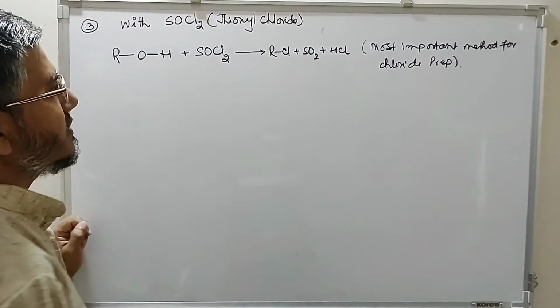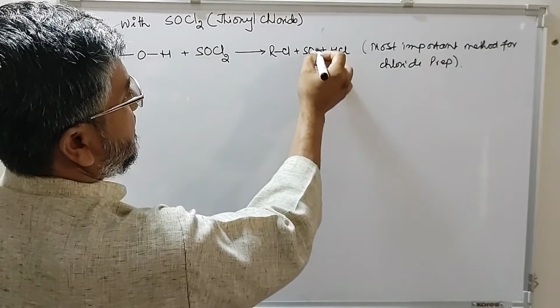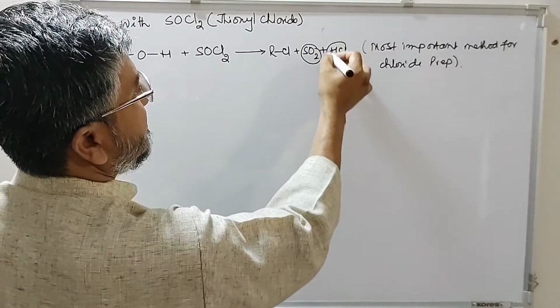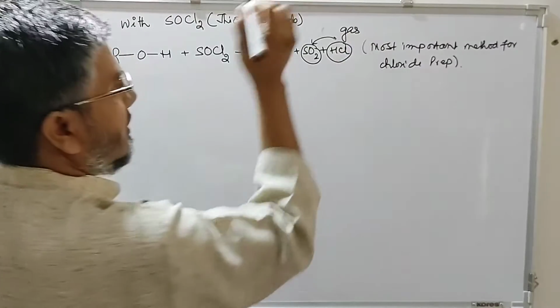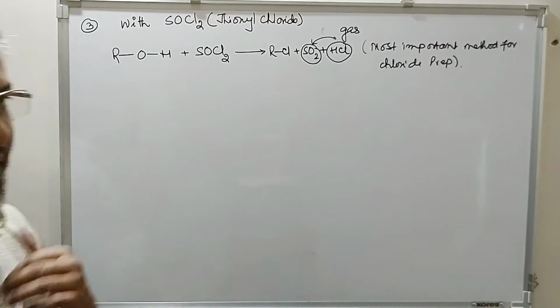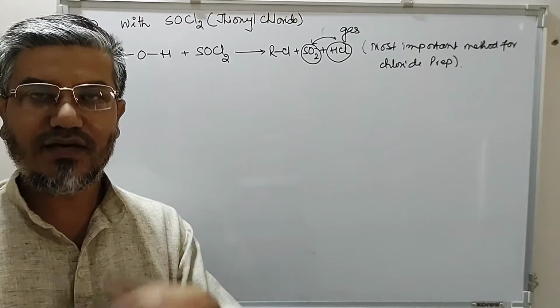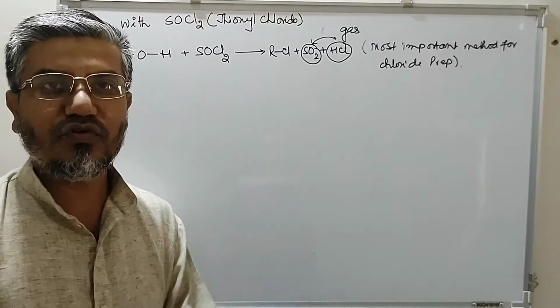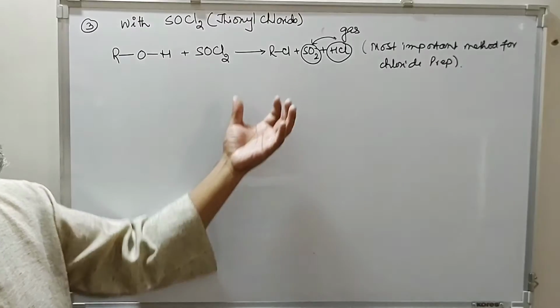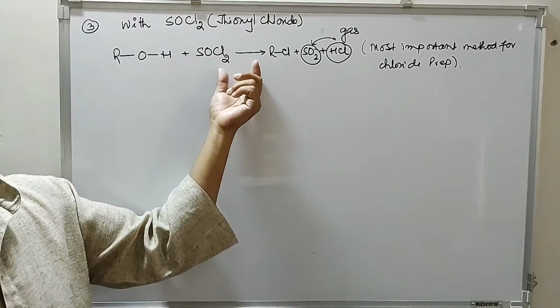The reason being, look at this, the byproducts, sulfur dioxide and HCl, are gases. So normally in a chemical reaction we have to filter so that we get the purified compound. But in this reaction, alkyl chloride is a liquid.